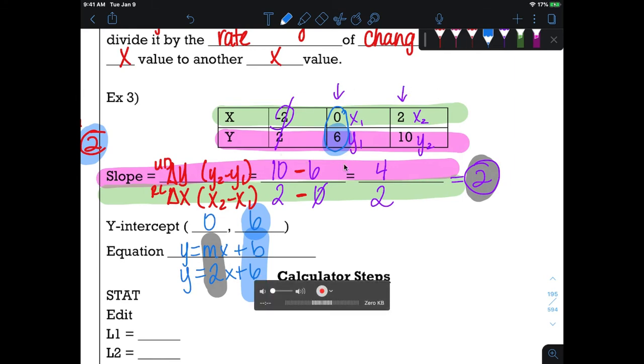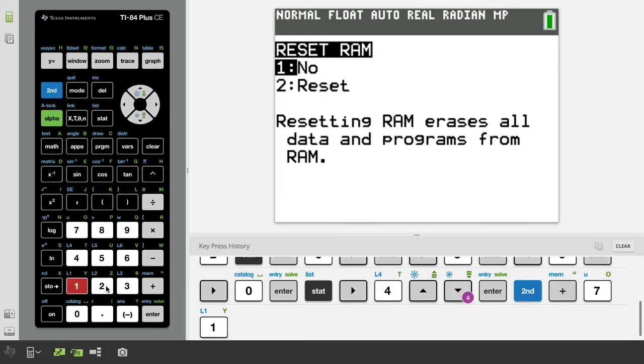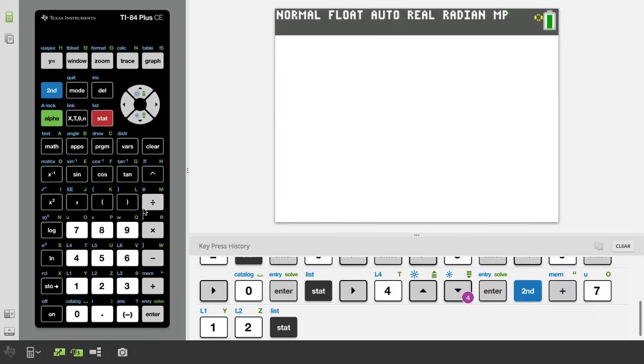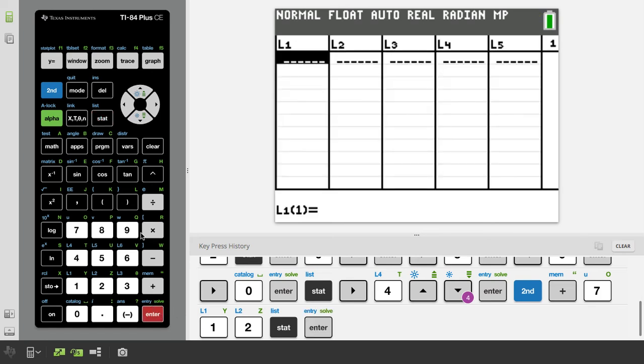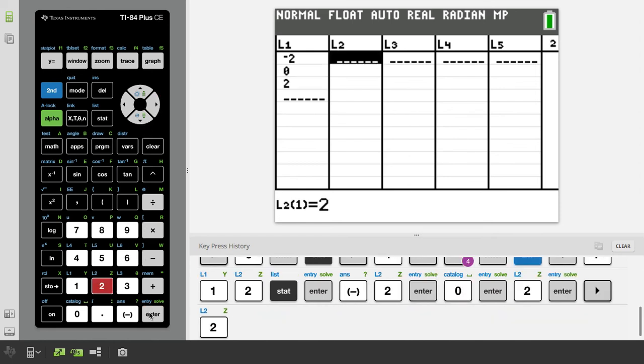But let's verify this using the calculator. I'm going to clear this out. I'm going to hit Stat, Edit. Now I'm going to type in all of the x values. I just need 2, but I'm going to type in all of them anyway, remembering that I'm keeping them paired up with whatever y value they originally came with.